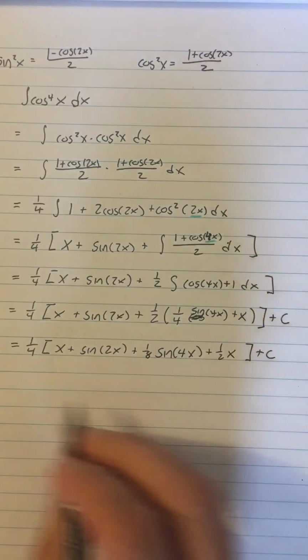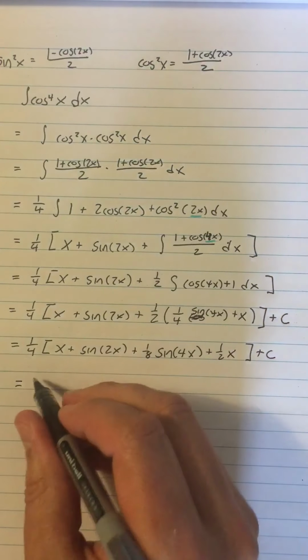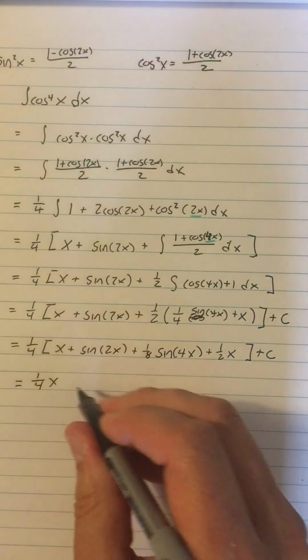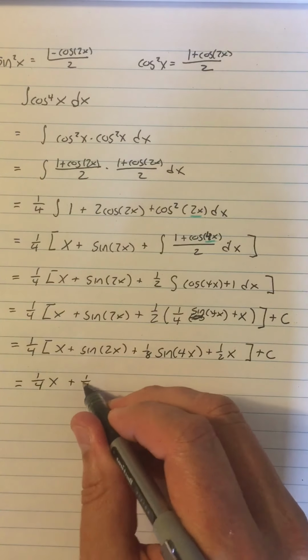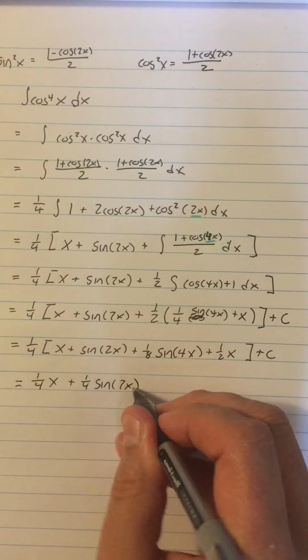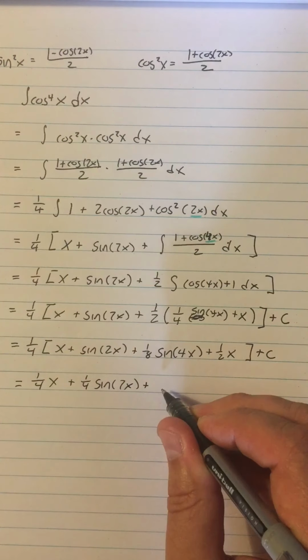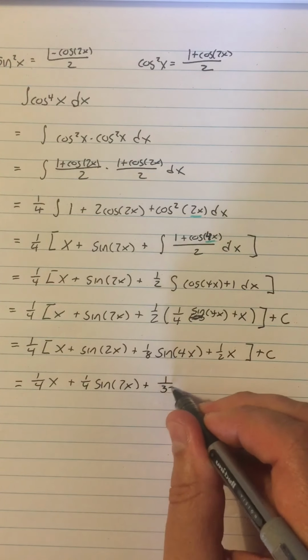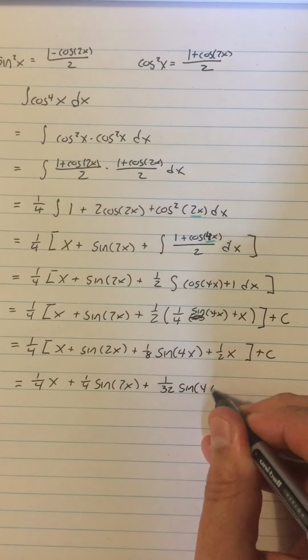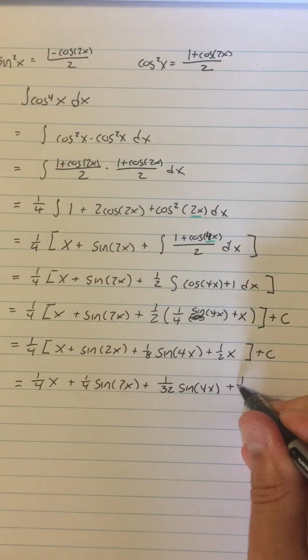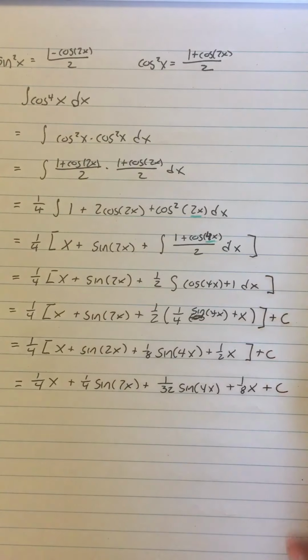I'm worried about missing something, so I'm trying not to do that. Then I'm going to distribute the 1/4: x plus 1/4 sine of 2x plus 1/32 sine of 4x plus 1/8 x plus c.